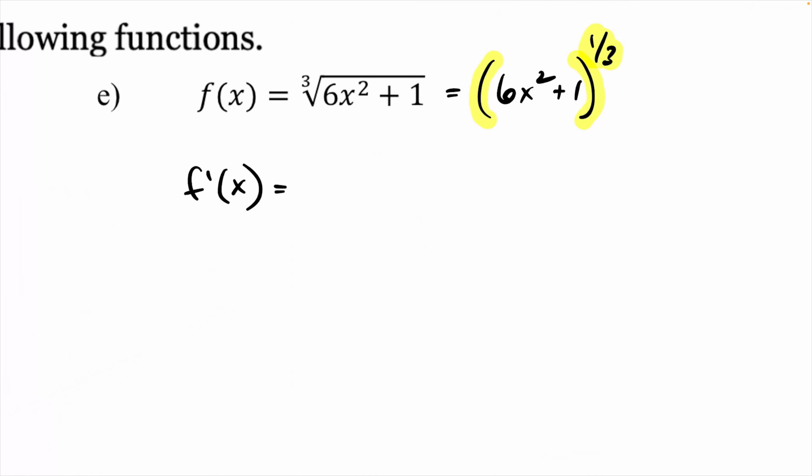So we take the old power, move it to the front. Subtract a whole, which is negative 2/3. Rewrite the inside, which I haven't touched yet. Chain. Now let me find the derivative of the inside. Derivative of the inside is 12x.